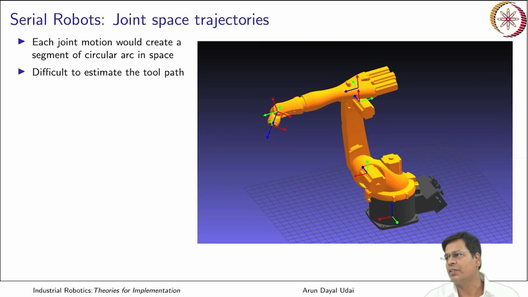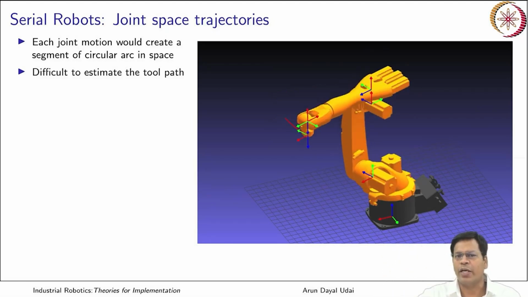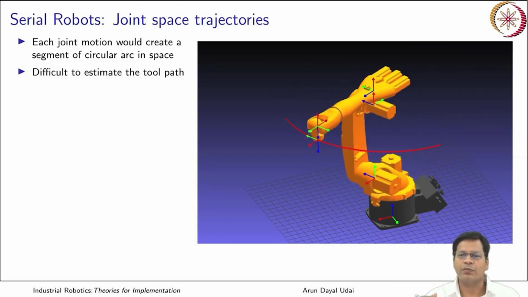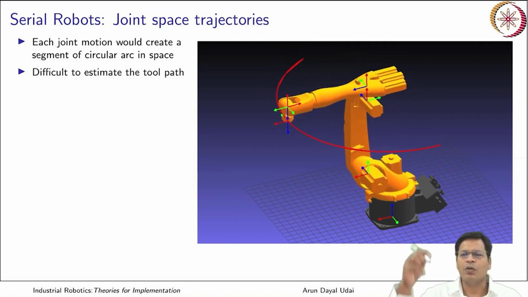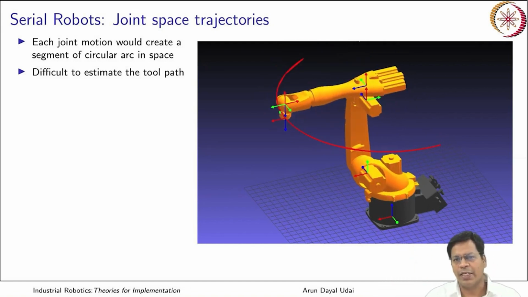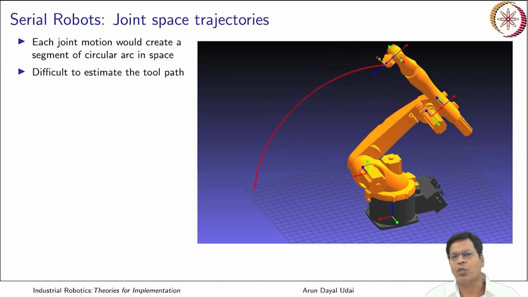But it is very difficult to estimate the robot's tool path. This is a complex robot with multiple links connected one after the other. So while moving one of the joints, you cannot estimate precisely where your robot will go. Whereas when you were moving this robot in Cartesian space, you know it will go down along the z-axis if you are just jogging it along negative z.